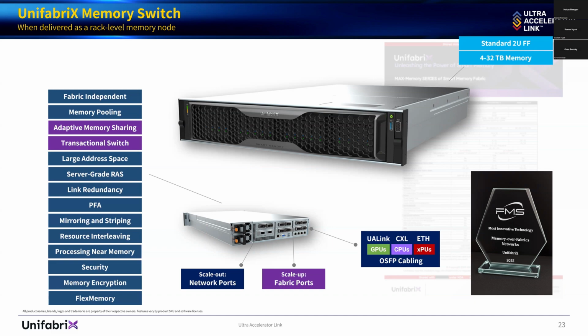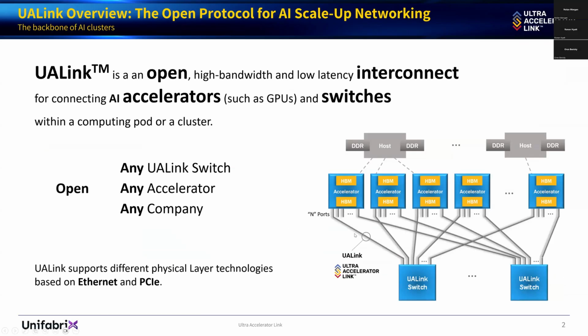So this is one example where RAS is handled. RAS could mean a lot of things. If you really want redundancy in the memory, mirroring and striping, a RAID-like memory, is also possible, although it's very expensive in terms of memory footprint. There is also redundancy on the link side. When we looked at the topology, we saw that accelerators connect to each other through multiple planes, so an accelerator can reach other accelerators or memory resources through multiple links.